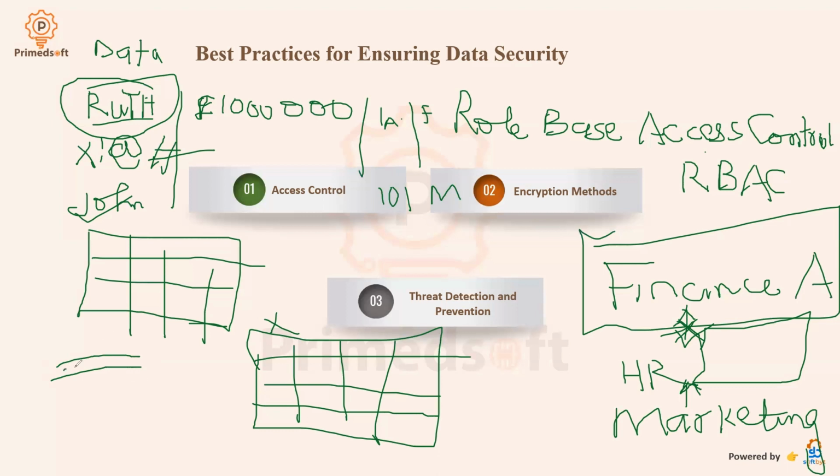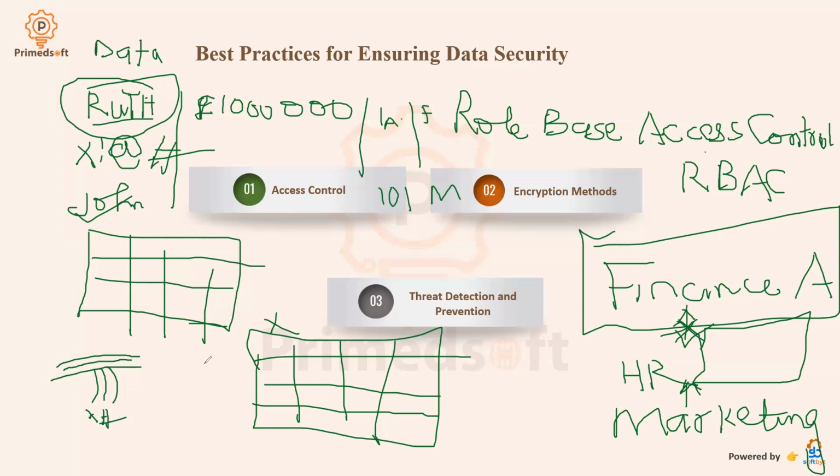While it is moving, it's encrypted so that if anybody somehow bypasses it and taps into this data, when the person sees the transaction, it's just a bunch of jargon. They won't be able to make sense of it. Hence, they won't be able to hack you.